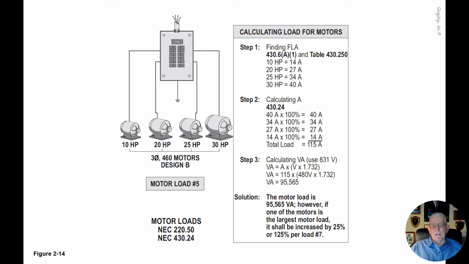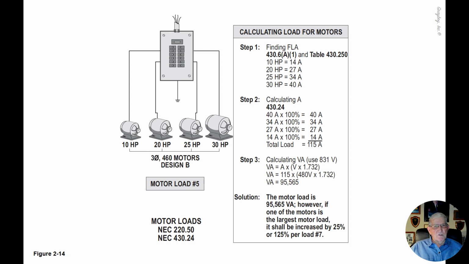But if the test, for example, asks for a feeder circuit or service entrance conductor, then we would take the 40 amp motor at 125%, add it to 34, 27, and 14, and we would derive a total of 125 amp. And we would use this rating to size the conductors for a feeder for such a circuit as you see outlined here. So keep that in mind.